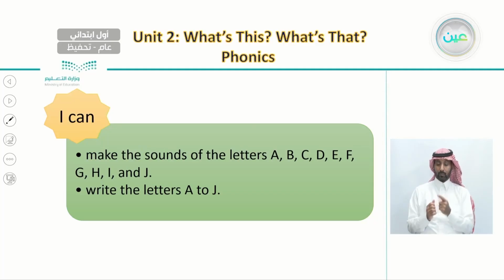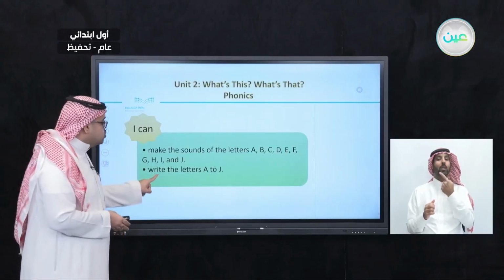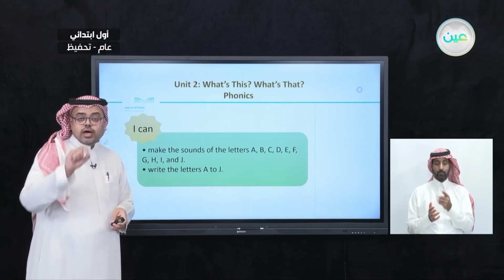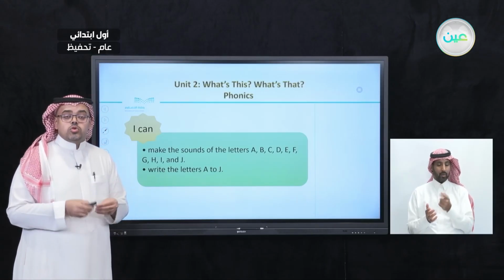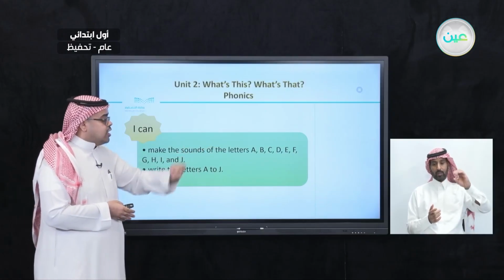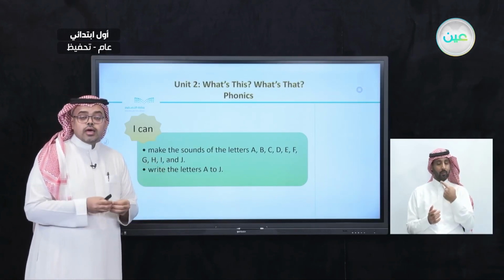And now, before we finish, it's very important that we know we can make the sounds of letters A, B, C, D, E, F, G, H, I, and J. Not only this, but also it's very important that we know how to write the letters from A to J, and how to use these letters in words.